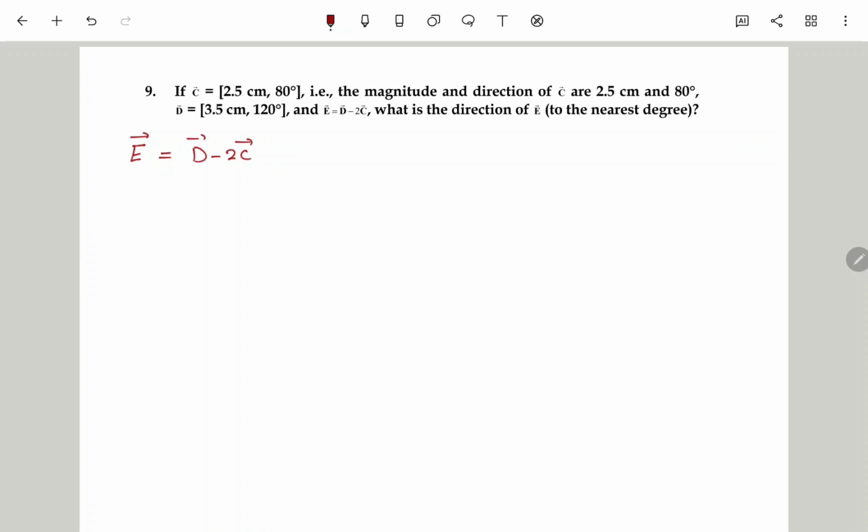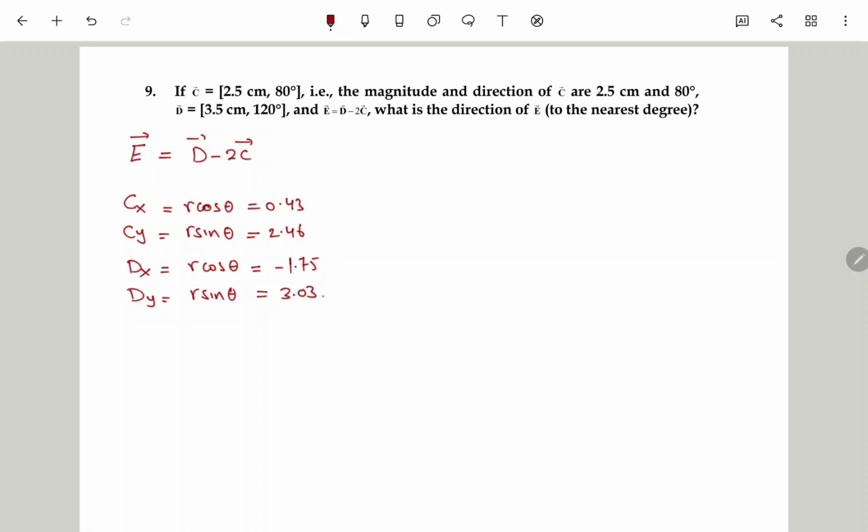Cx equals R cosine theta, or 0.43, Cy equals R sine theta, or 2.46, Dx equals R cosine theta, minus 1.75, and Dy equals R sine theta, equal to 3.03.